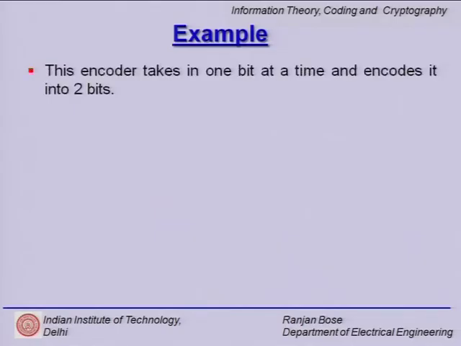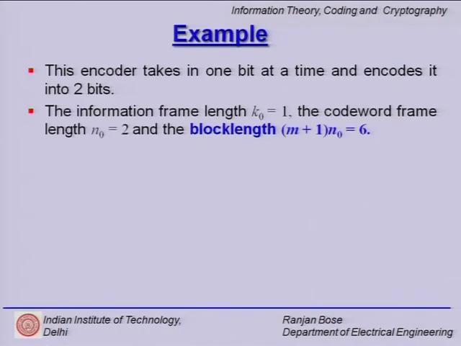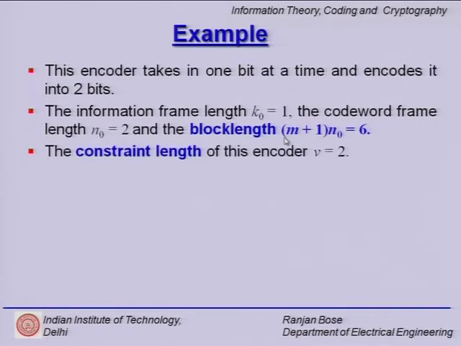So, this example takes 1 bit at a time and encodes it into 2 bits, leading to a code rate of 1 by 2. The information frame length is K naught equal to 1. The block length is M plus 1 times N naught; M is 2, so M plus 1 is 3, times N naught which is 2, gives 6. So, the effective block length is 6.